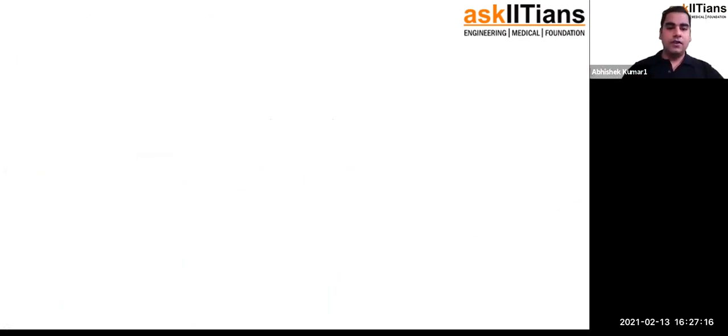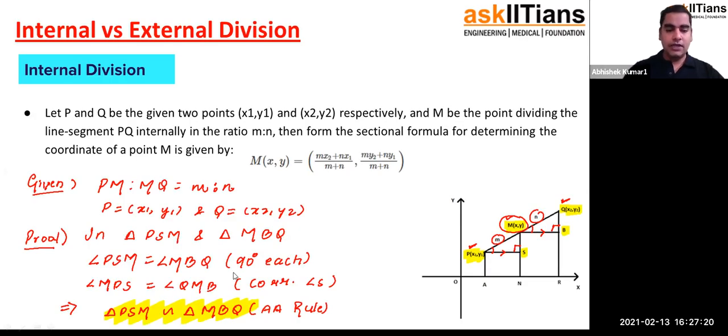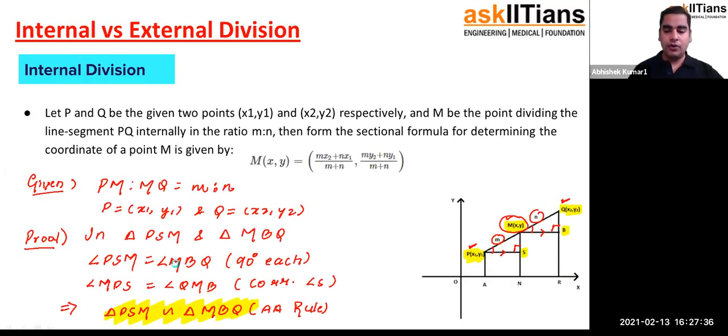Okay. So what do we have? We have PSM is similar to MBQ. So this implies you are going to have PS upon MB. Okay. That will be equals to SM upon BQ.